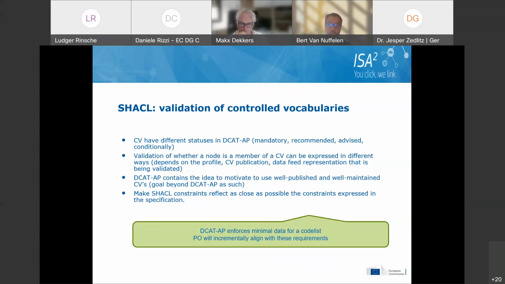Often there is a pref label for this concept scheme available, and then the value will be the same for the DC title. That kind of activity is ongoing and might be growing over time. So the Publications Office informed us in the GitHub issue that they will follow these minimal requirements, and can adopt to that.